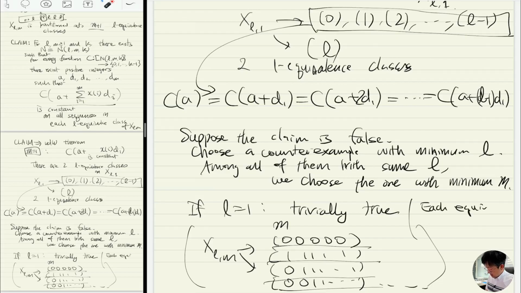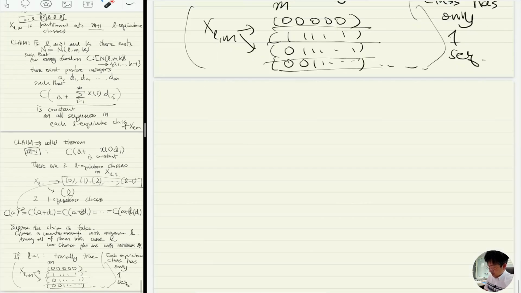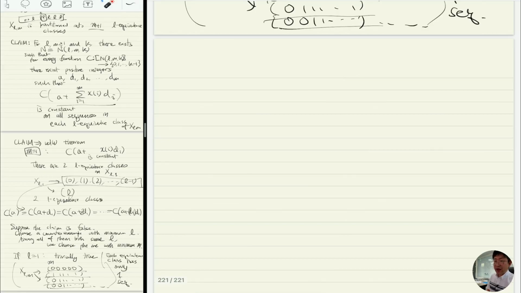Each equivalence class has only one sequence, so the value is constant. So now I can assume that L is bigger than 1.